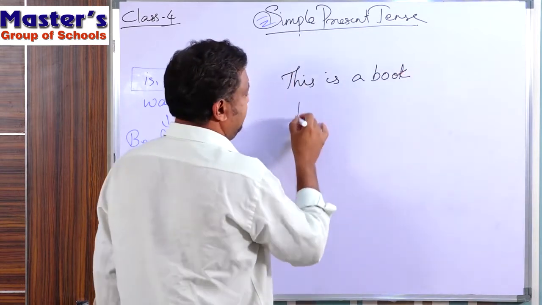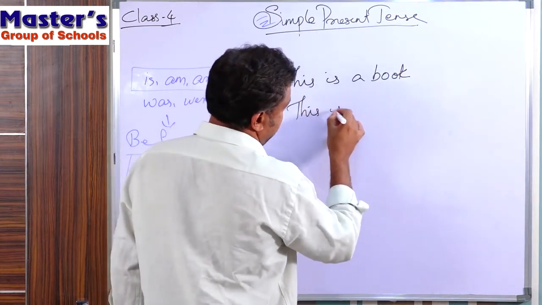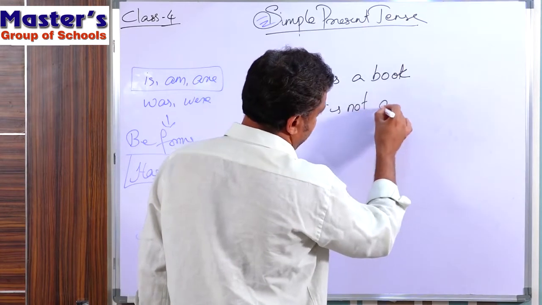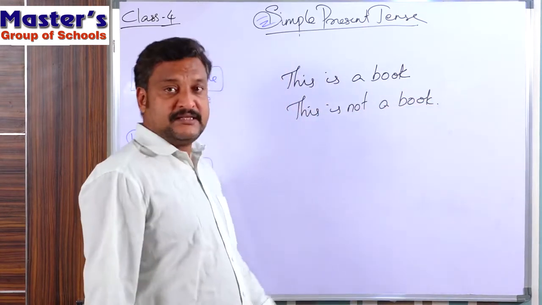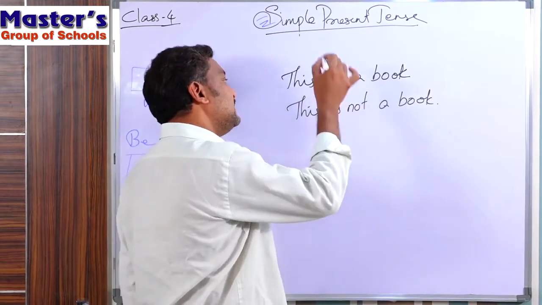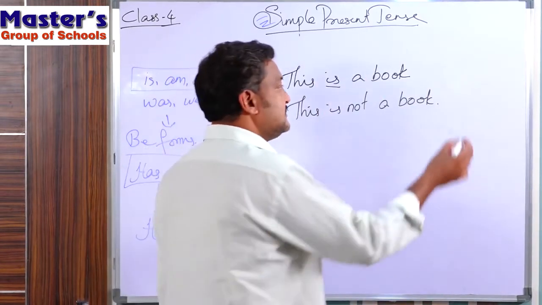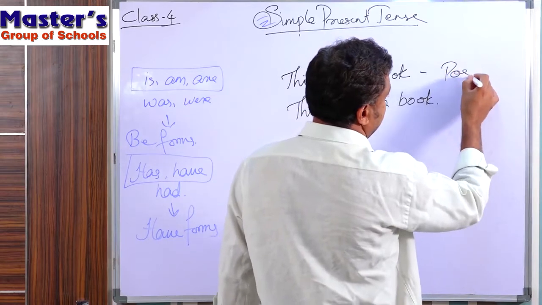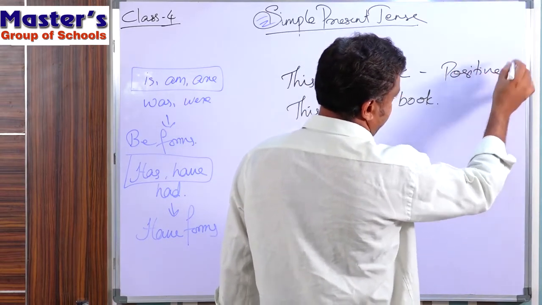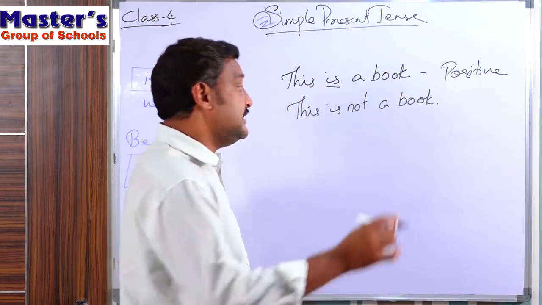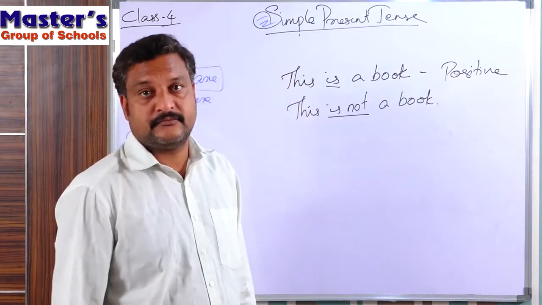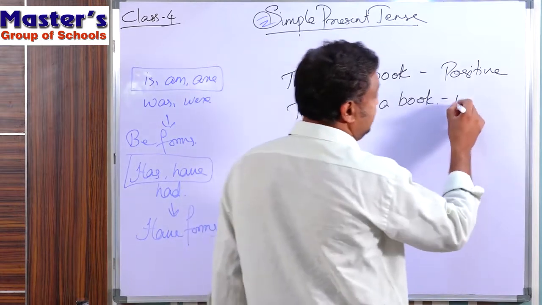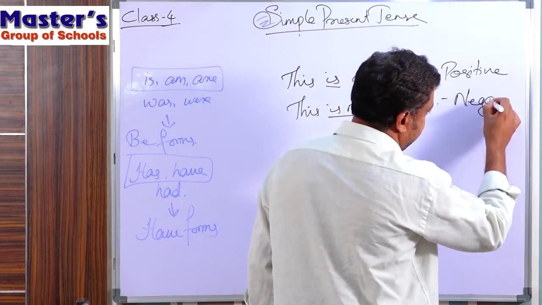We say, this is not a book. So in the first sentence, we used is as it is. So this is a positive sentence. In the second sentence, we added a not to that, and then it becomes a negative sentence.